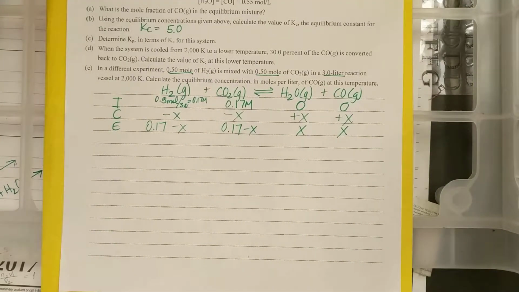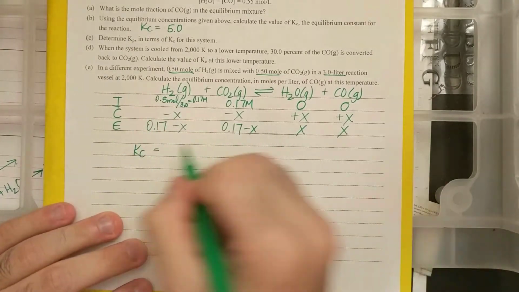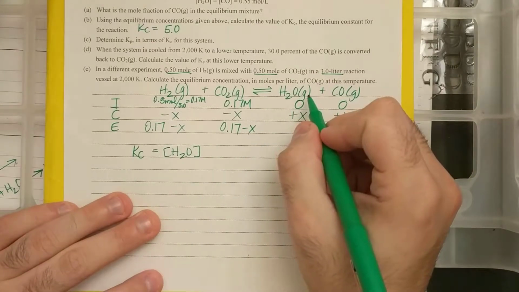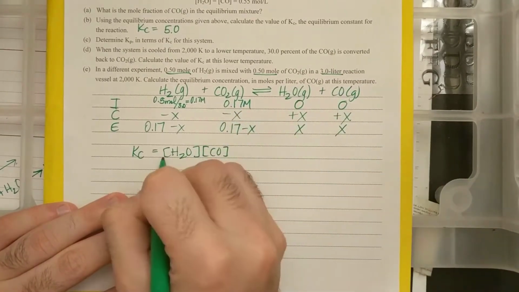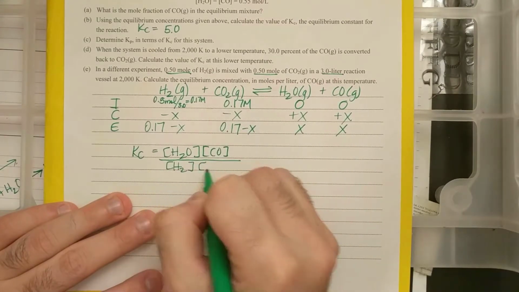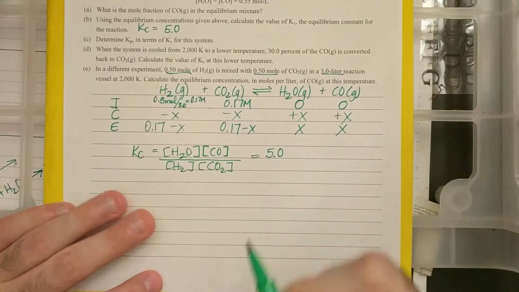Okay? Now, if I write my Kc expression, it should be the concentration of H2O, which I can do because it's a gas, times the concentration of CO, all over the concentration of H2 times the concentration of CO2. And this is supposed to equal 5.